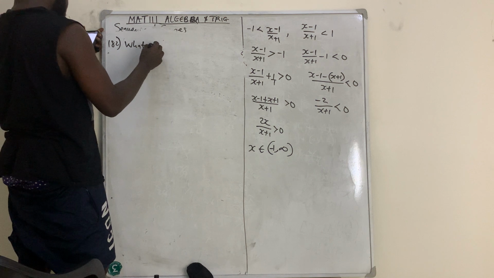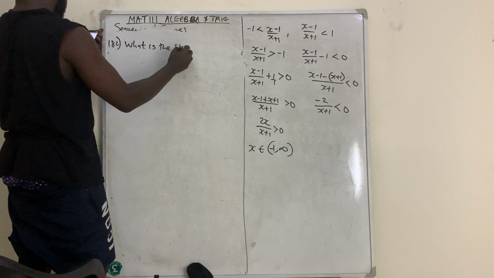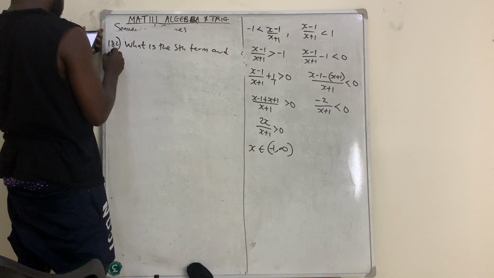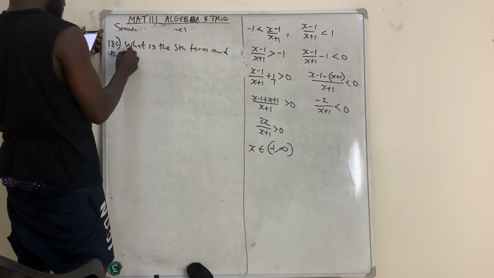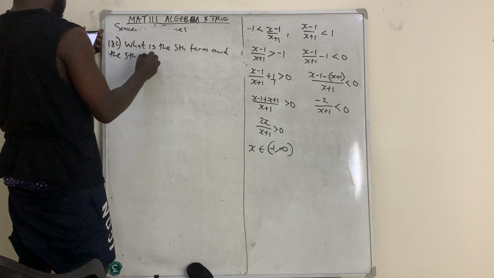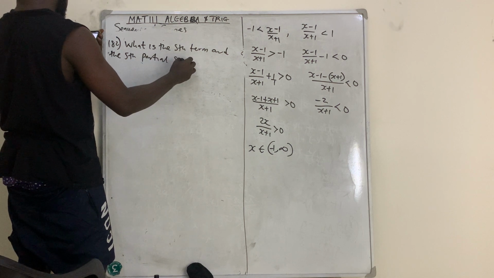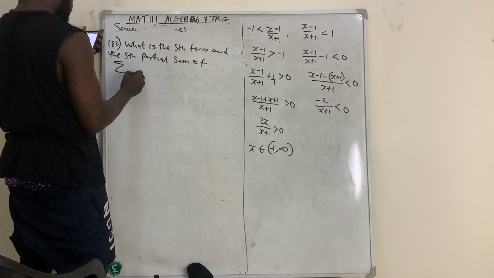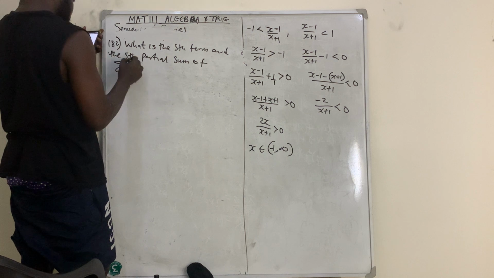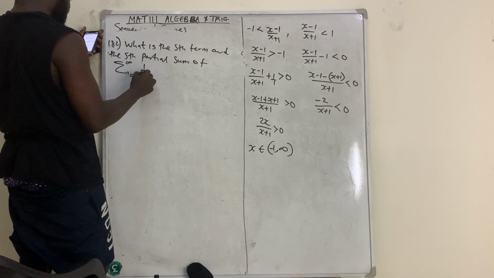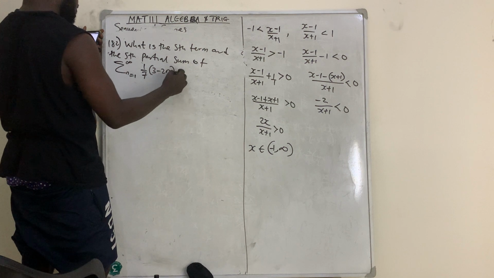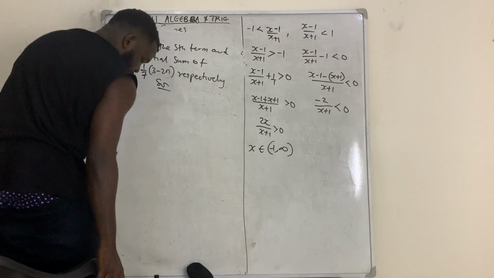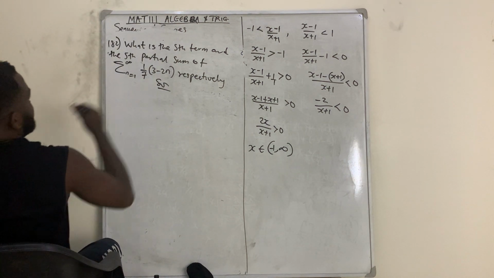Question number 182 said: what is the fifth term and the fifth partial sum of the summation of n starting from 1 to infinity of 1 over 7 into 3 minus 2n, respectively?